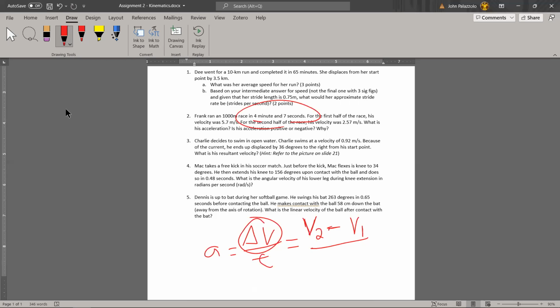Now you're going to look at this and tell me whether their acceleration was positive, negative, or 0. We went over what acceleration means in the lecture. Generally, if acceleration is positive, we're seeing that velocity increases.